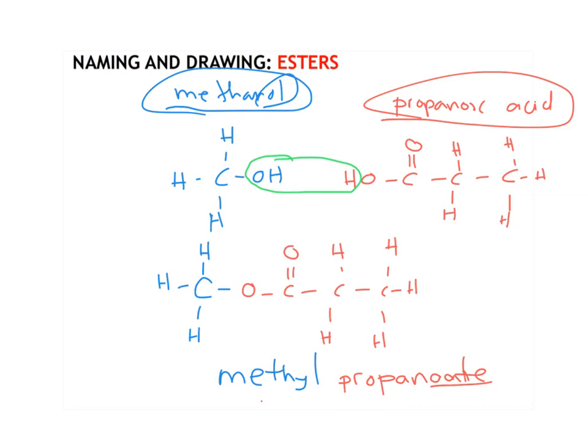So methyl propanoate. Let's maybe look at one more ester. So I'll draw this. And there's an O attached to a carbon, double bonded O. And then 1, 2, 3. So when we are identifying, if we're given something like this and we want to name it, it's important that we identify which side is the carboxylic acid side, which side is the alcohol side.